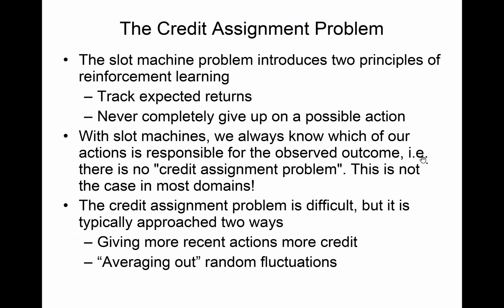One of the things a reinforcement learning algorithm has to do is solve this credit assignment problem. The principles there are the same as for the last slide. This is an explanation of why the slot machine problem is easy, which is that when we pull lever 2, if we're unhappy with what happened, we know to blame lever 2.